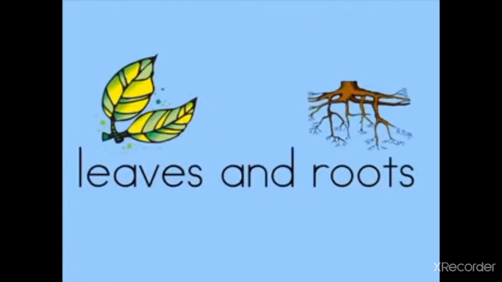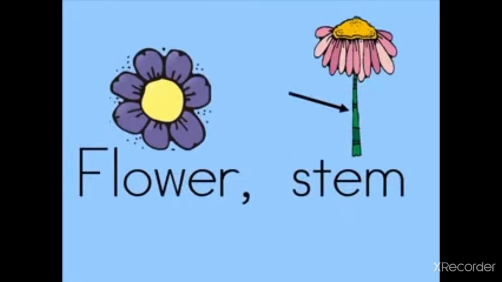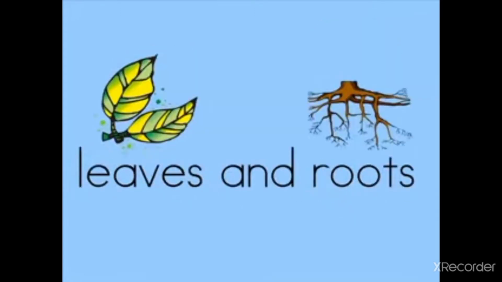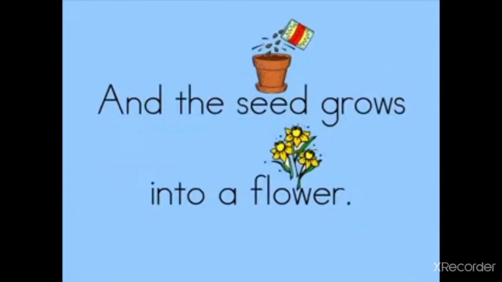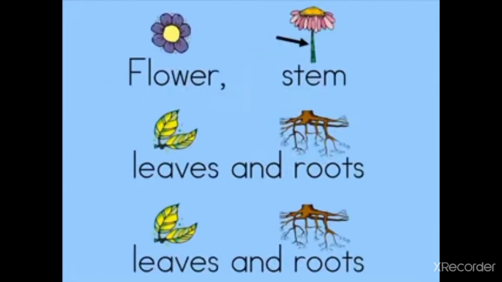Flower, stem, leaves and roots, leaves and roots. And all it takes is sun and showers, and a seed grows into a flower. Faster! Flower, stem, leaves and roots, leaves and roots. Super fast!